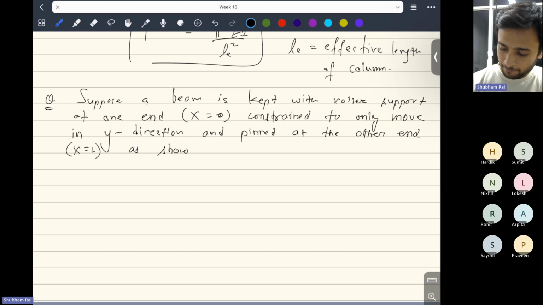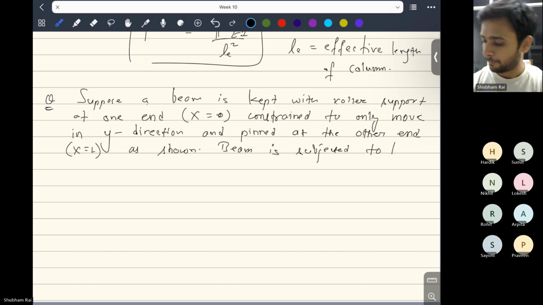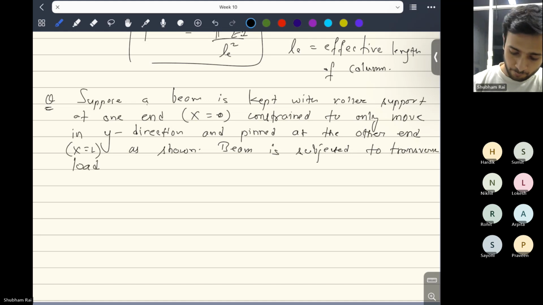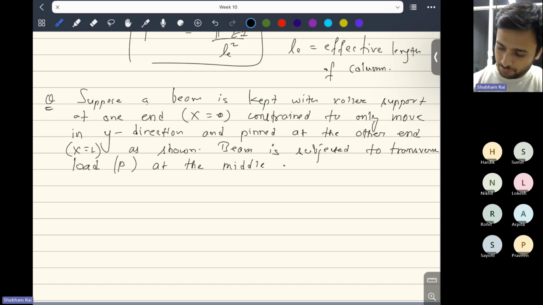I'll draw the figure. So it is also given that the beam is subjected to a transverse load which is P at the middle of the beam.